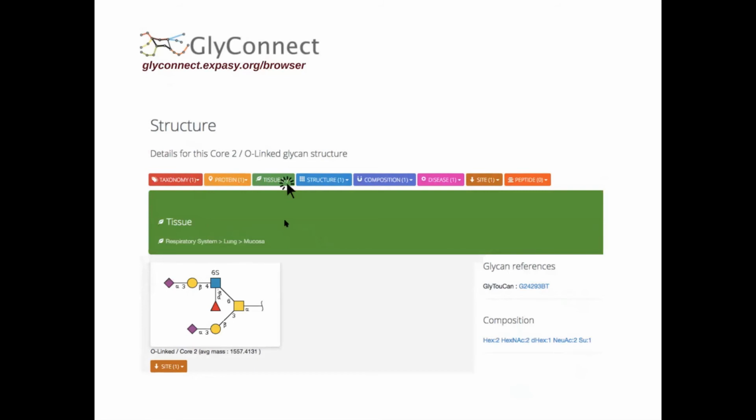So the information is such that you can connect from SugarBind to GlyConnect via the substructure search and see that there are possibly some glycan-mediated protein-protein interactions between the virus, with its outside surface protein, which is recognizing a glycan sitting at the surface of the host cell, and this is described in GlyConnect.